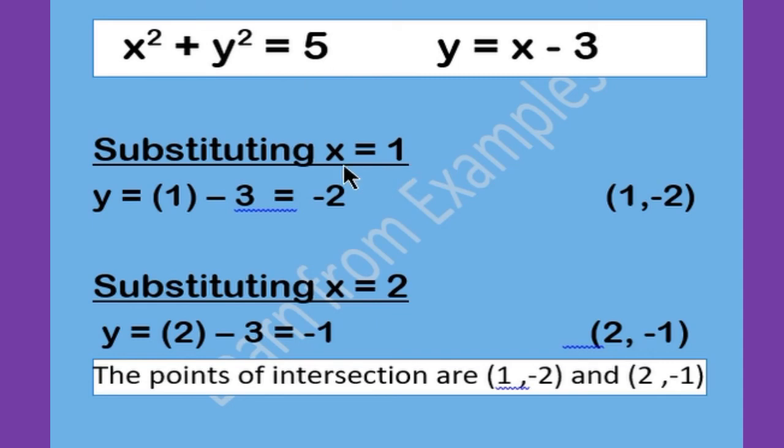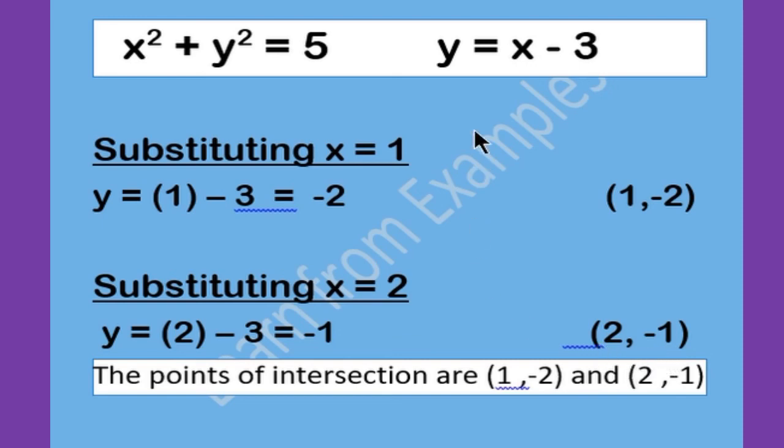So substituting 1 in place of x, it will be 1 minus 3 is -2, and combining them together as an ordered pair, we have 1 as the x coordinate and -2 as the y coordinate. Substituting 2 in the linear equation, 2 minus 3 gives us -1, and putting them as an ordered pair, we get this ordered pair 2, -1.